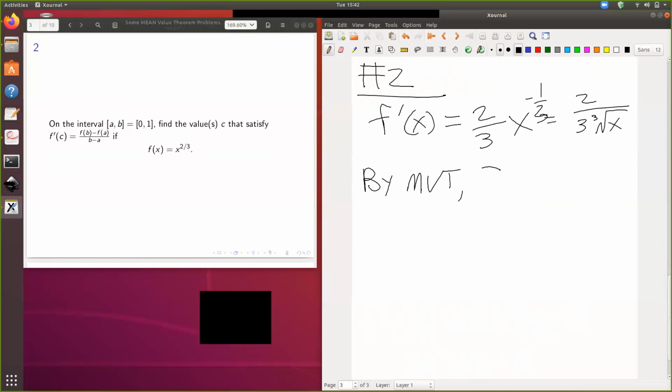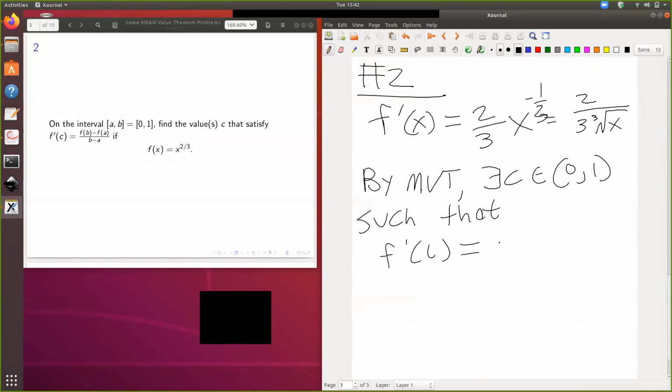By MVT, there exists a C in 0 to 1 such that f prime of C is equal to f of B, which is going to be 1, minus f of A, which is 0, all over 1 minus 0, which is just 1.